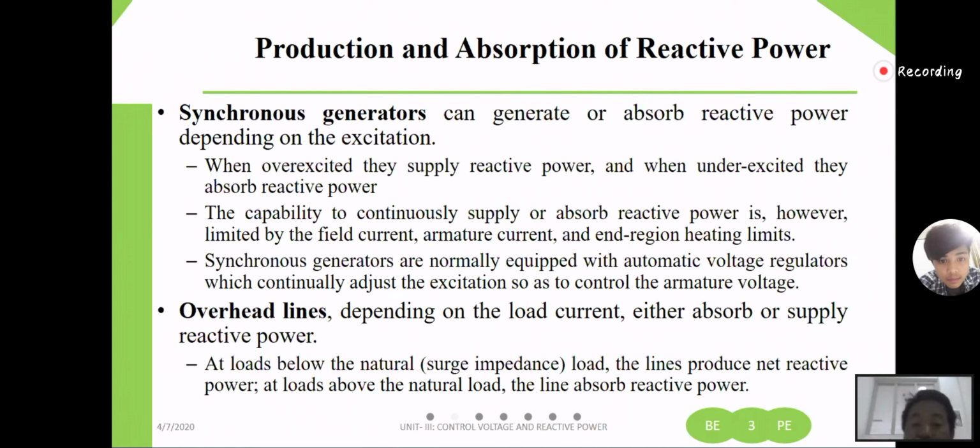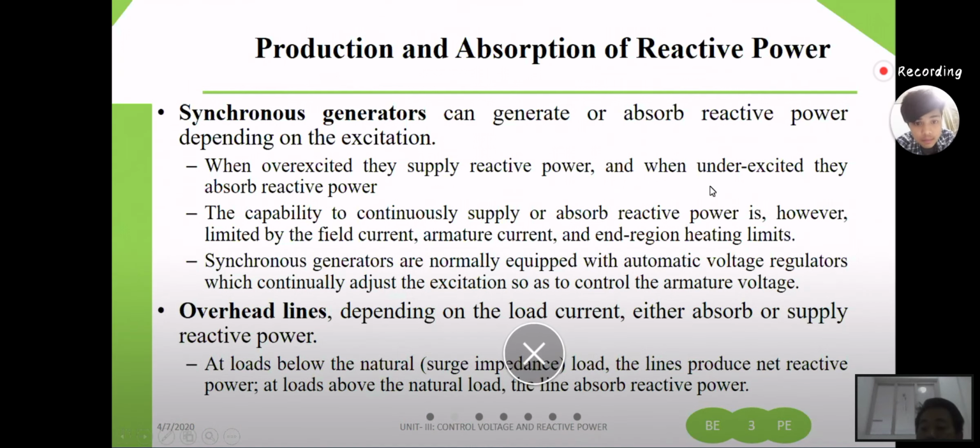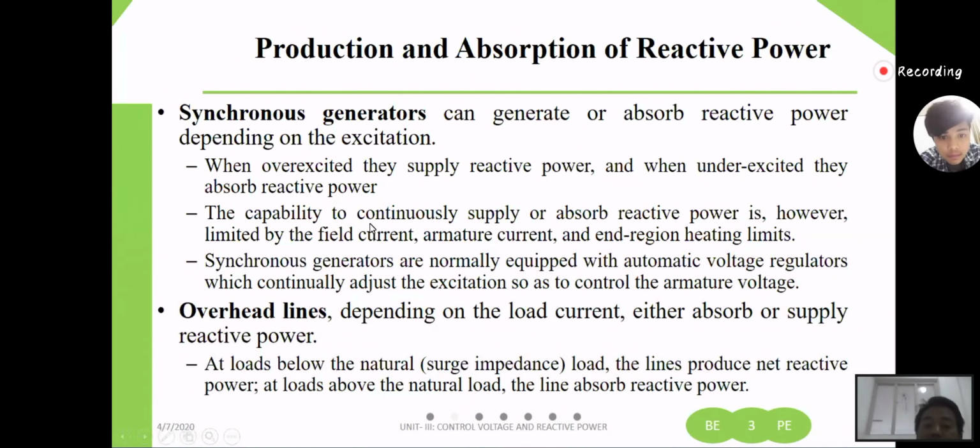When it is underexcited, it will absorb the reactive power. So we have to excite the generator as required.